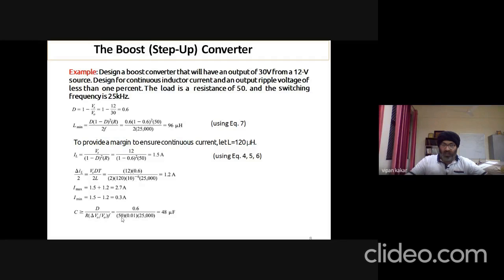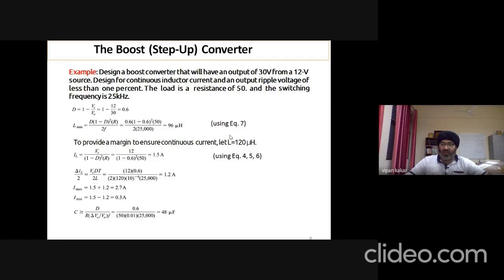The load resistance given is 50 ohms and the switching frequency given is 25 kilohertz. We get the value of capacitance as 48 microfarad for having a ripple less than 1%. So if we design this boost converter with a capacitor value equal to 48 microfarad, we will have a ripple voltage at the output less than 1%.